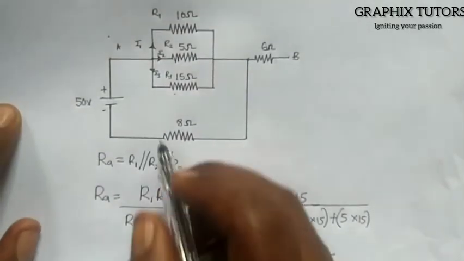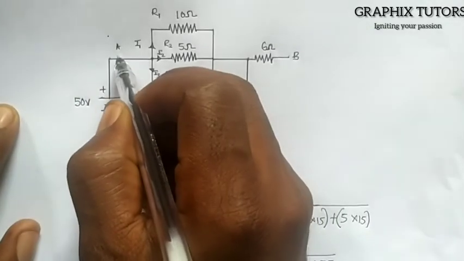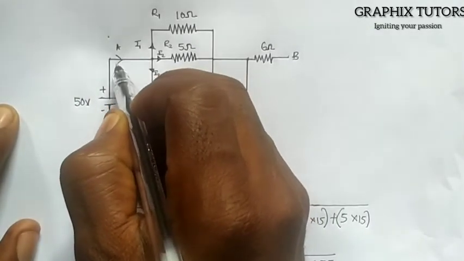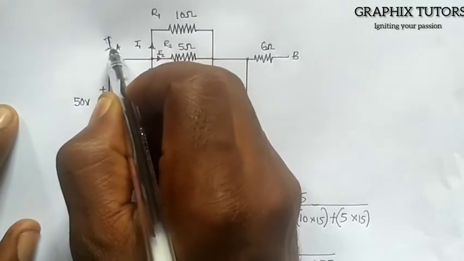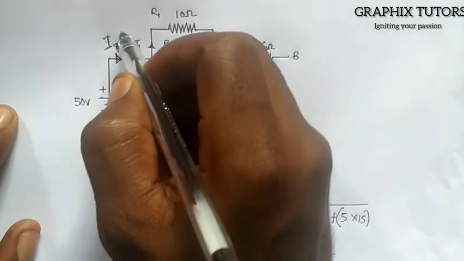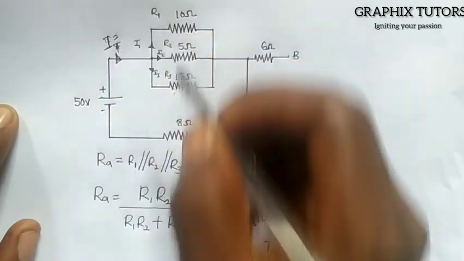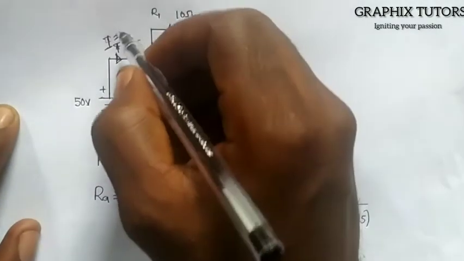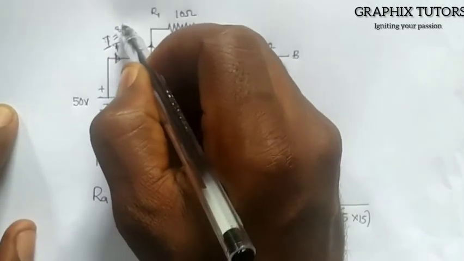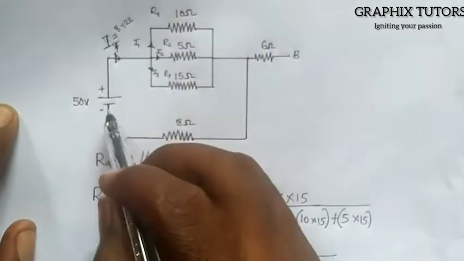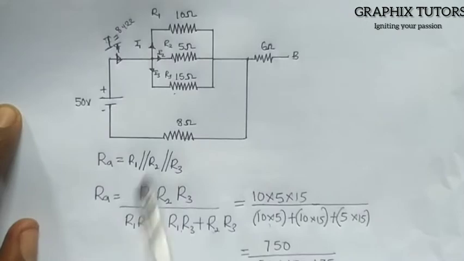So the current that this 50 volts is producing, that is coming down here, is giving us our I total, and that is 8.122 amperes.